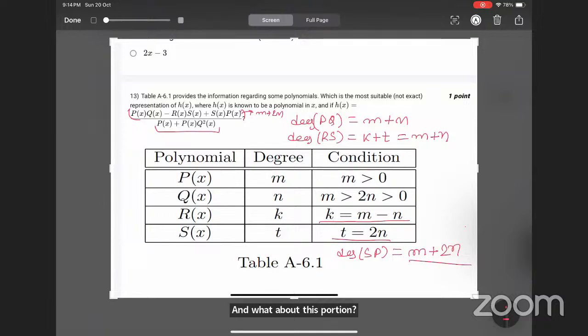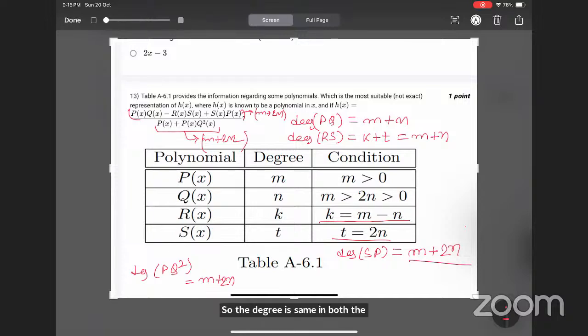The degree of P is M plus N. What is the degree of P into Q square? M plus 2N, right? So the degree is the same in both cases.